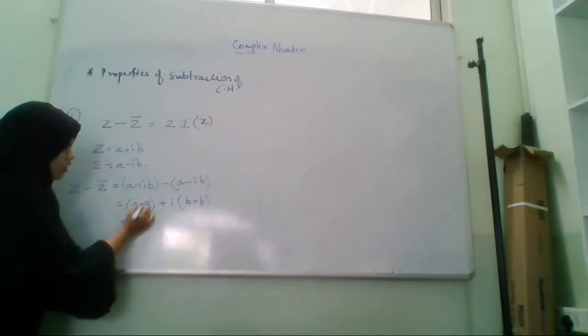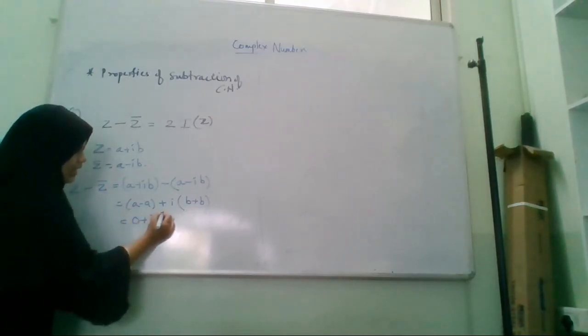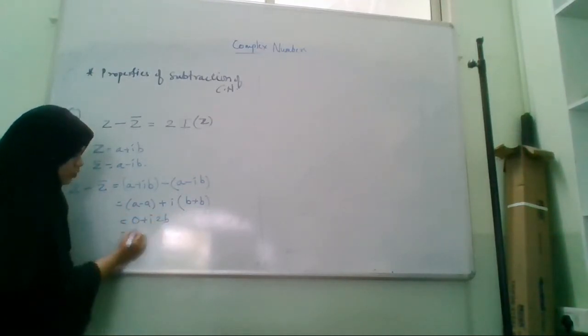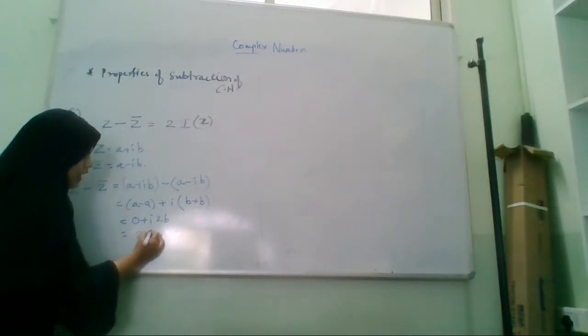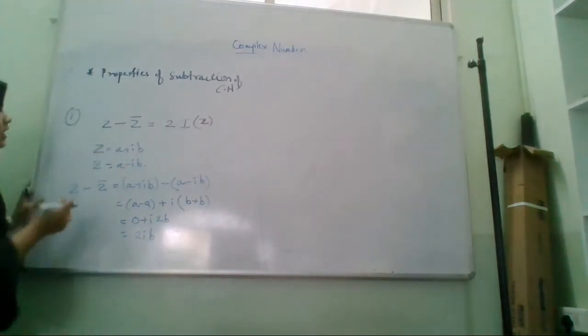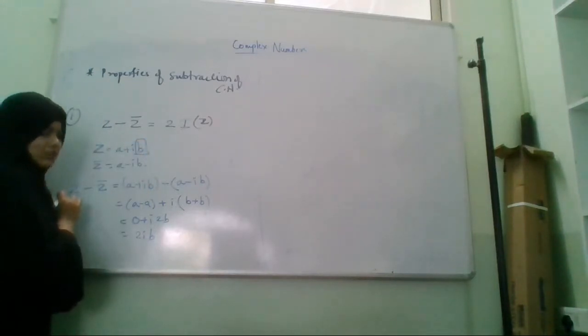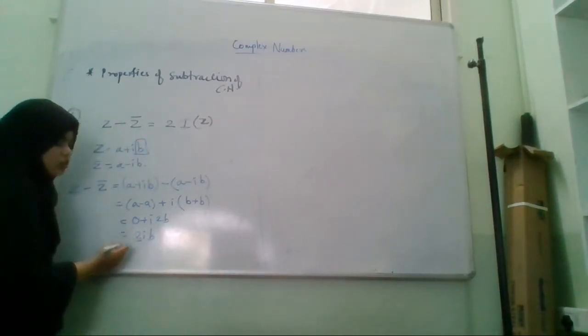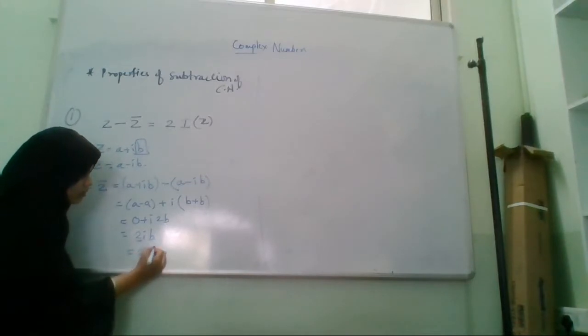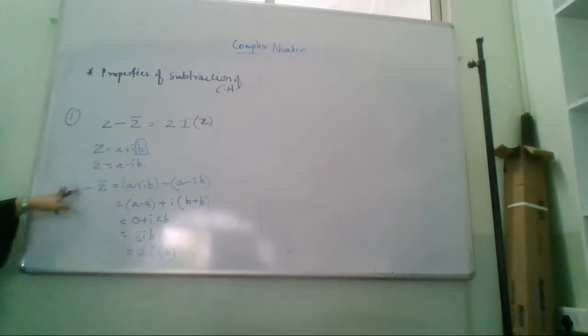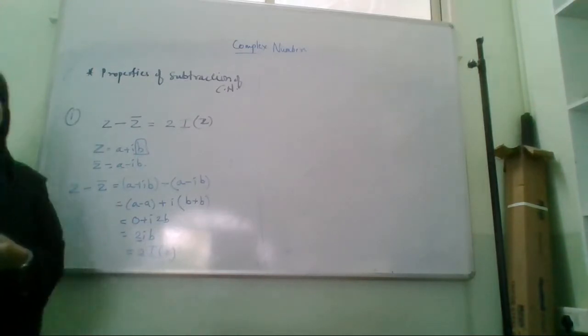Right? So here this will be 0 plus i and here it is 2b. So this is nothing but 2ib. In this, what is the imaginary part? It is b, but here we are getting 2b. So this is nothing but 2 times the imaginary part of z. So z minus z bar is 2 times the imaginary part of z.